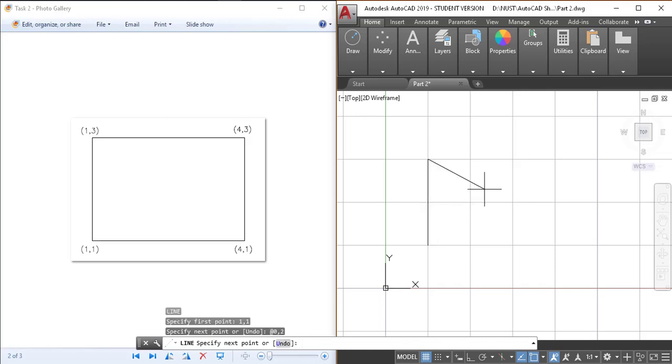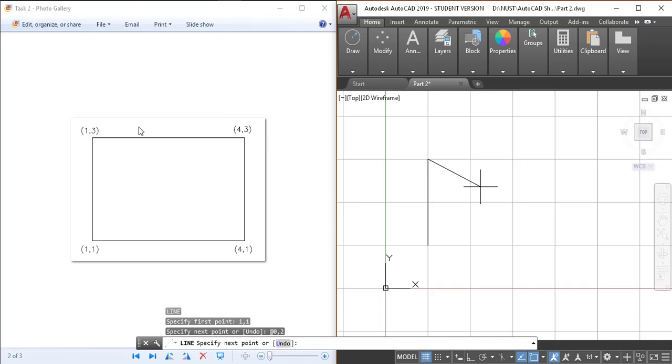So see, we are getting the same result. It means if we have to use the relative coordinate system, first of all we have to write the at sign before writing the coordinates, and then we have to go to the third point.